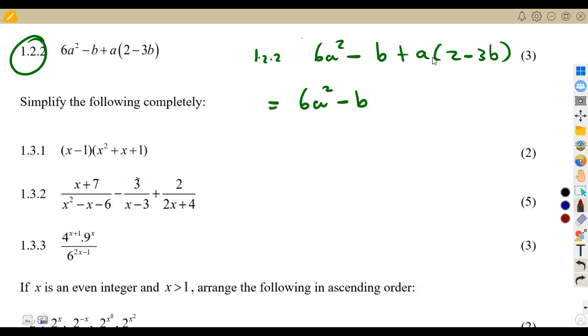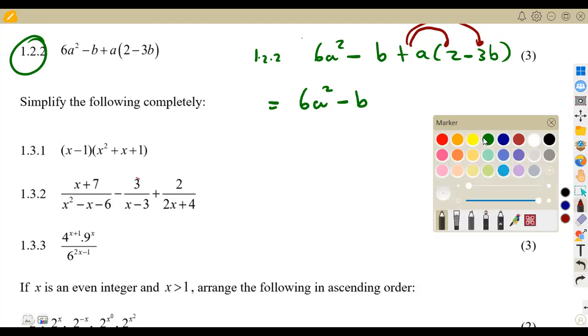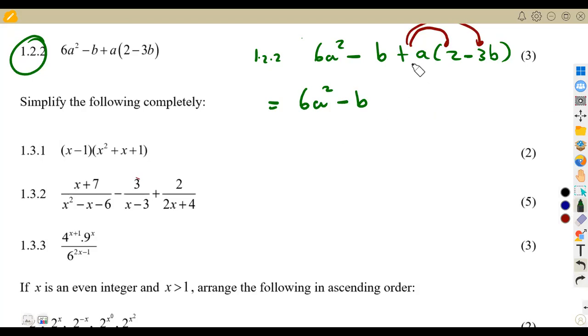It is going to multiply each and every term inside of your bracket. So that's a times 2, which is a positive. Remember, positive times positive gives us a positive. Then it's plus a times minus 3b. A positive and a negative gives us a negative. So that's negative 3ab.